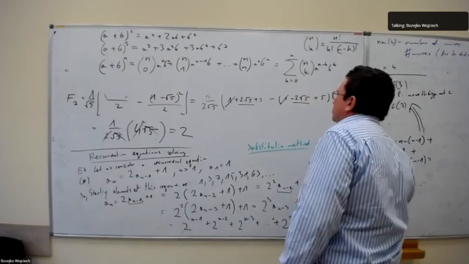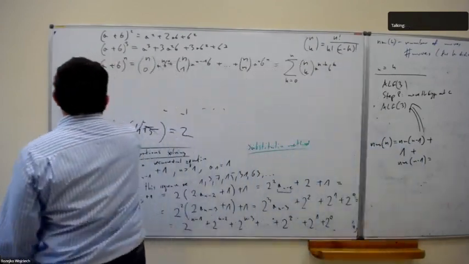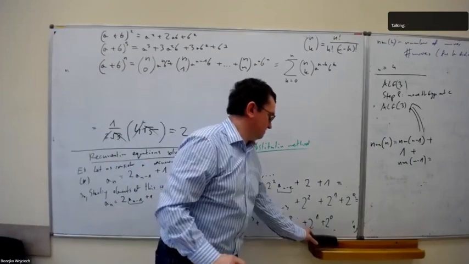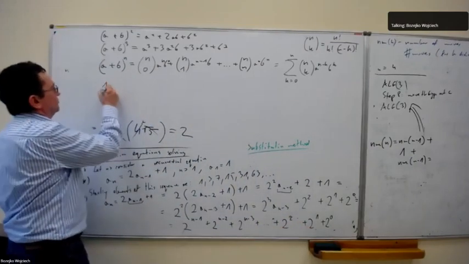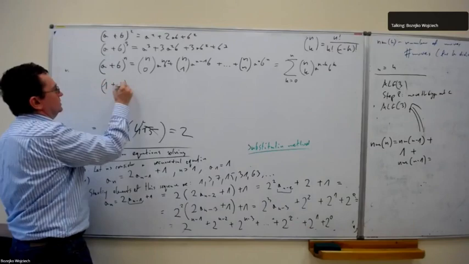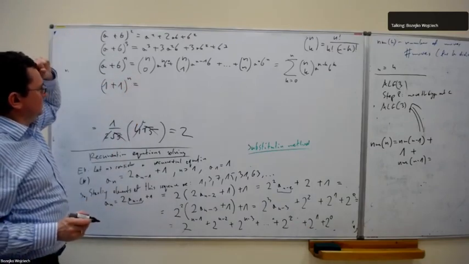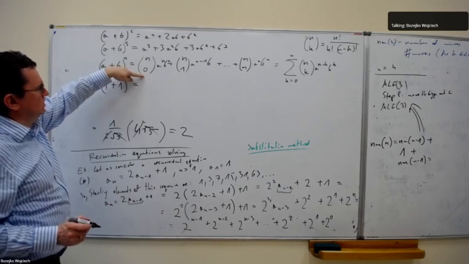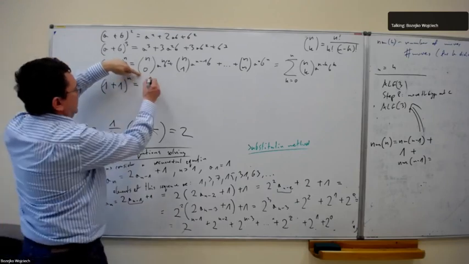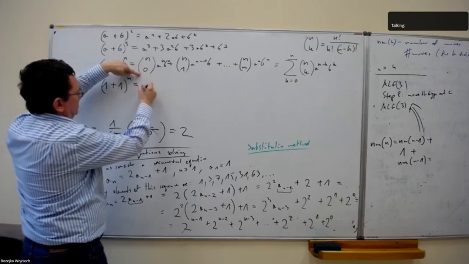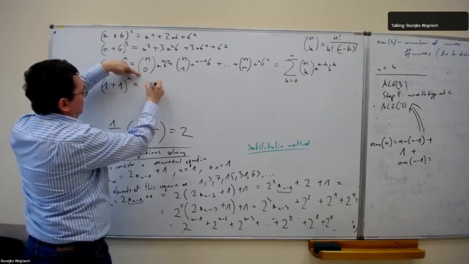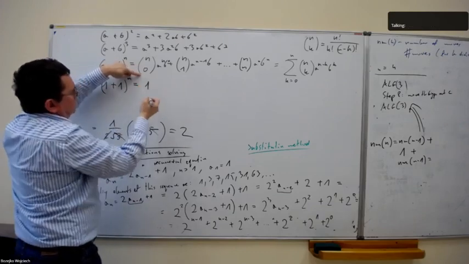But if we put into this equation 1 plus 1, let us observe 1 plus 1 to the power of n. This will be n choose 0, so this is 1, times 1 to the power of n, and b to the power of 0 is just 1.